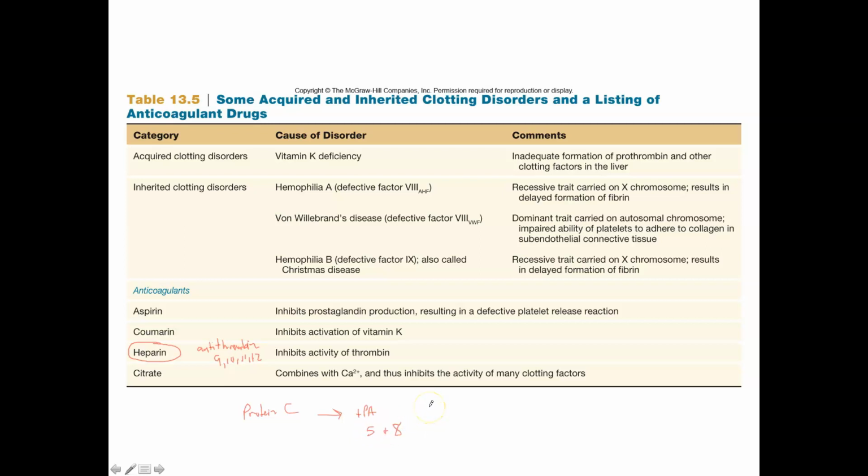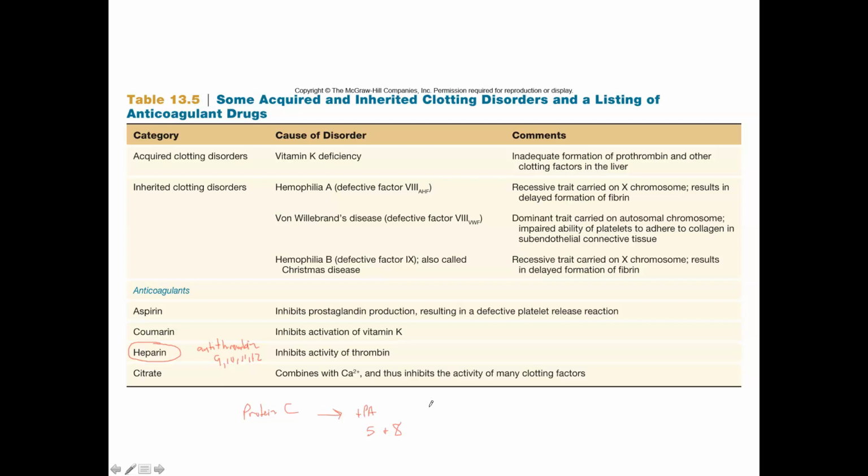And so anytime you're inhibiting some sort of factor within the coagulation pathway, you're going to stop clotting. And then also if you're activating tissue plasminogen activator, you are activating plasminogen into plasmin, and plasmin is digesting fibrin. So you are preventing clotting from taking place.